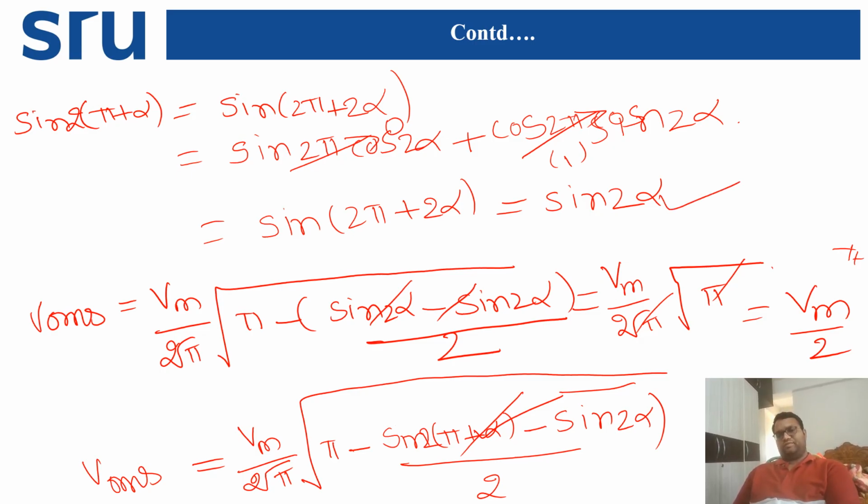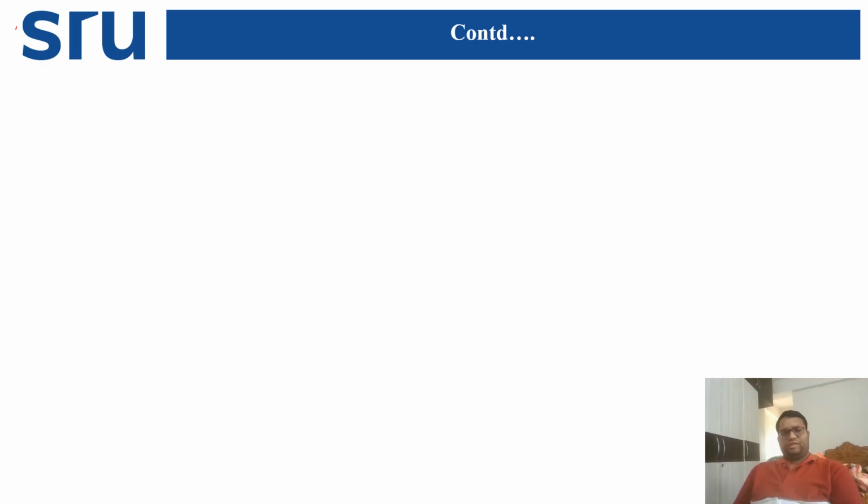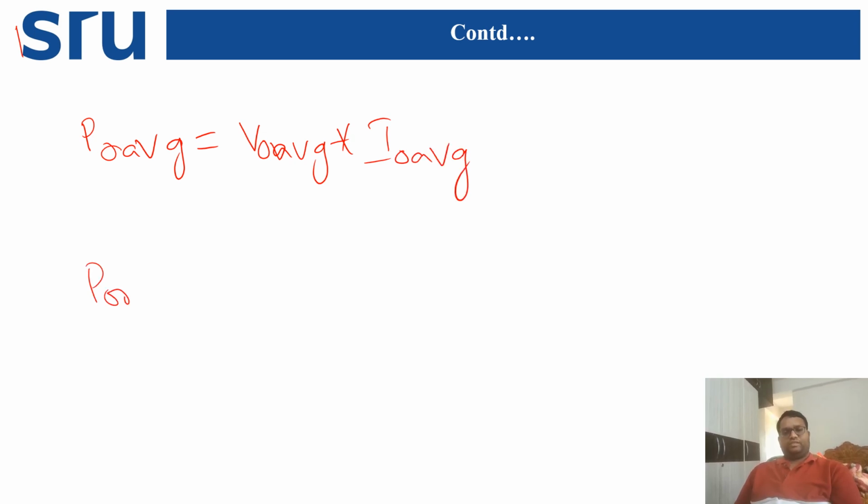Now coming to the next, we will observe that P naught average is equal to V naught average into I naught average. Next, P naught RMS is equal to V naught RMS into I naught RMS.